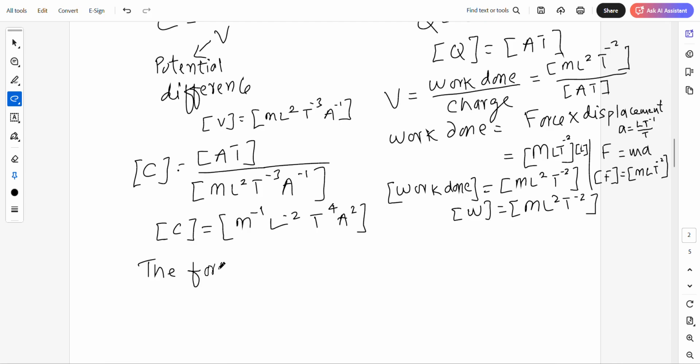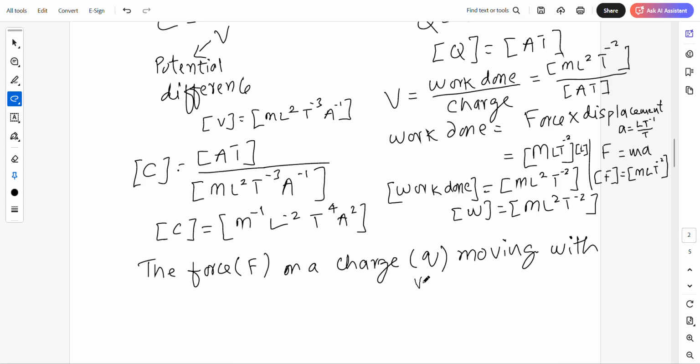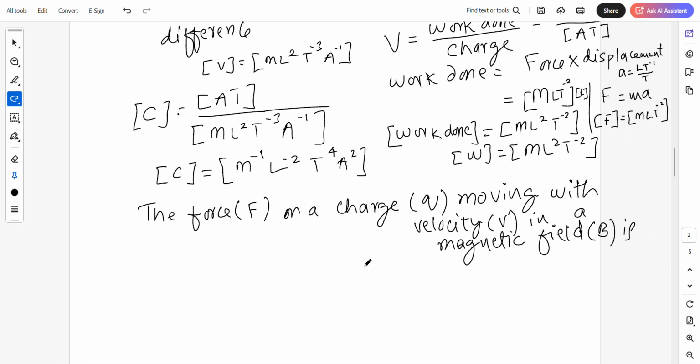The force F on a charge Q moving with velocity v in a magnetic field B is given by F is equal to Q into V into B. From here we can calculate B.